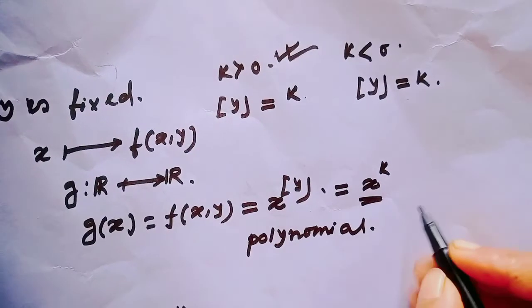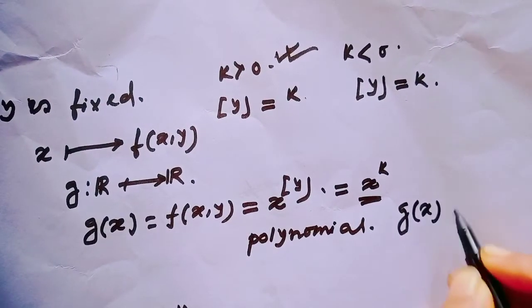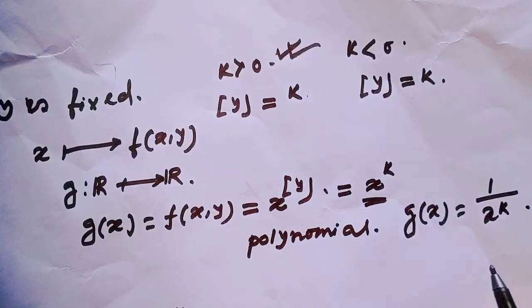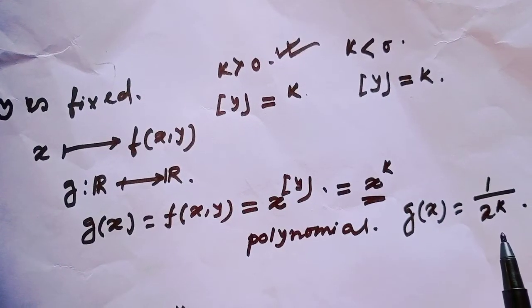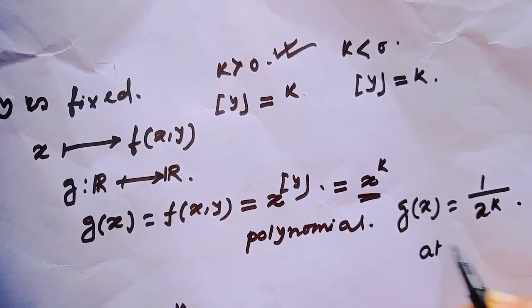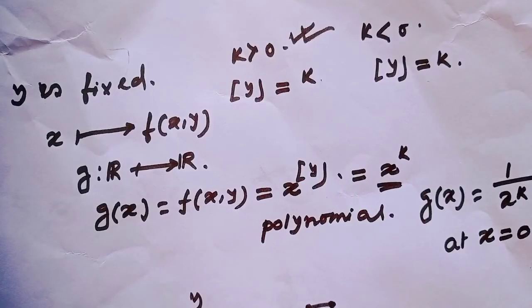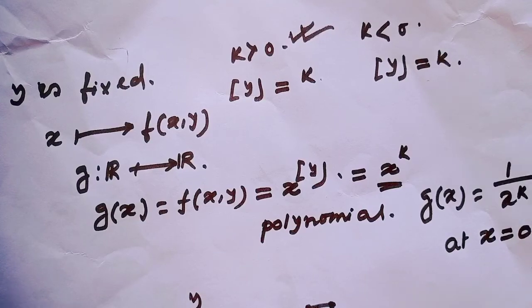Then g(x) is represented as 1 over x to the power k. This function is always continuous, but not continuous at the point x equal to 0. So when y is fixed, this function will always be continuous, but not continuous only at the point 0.